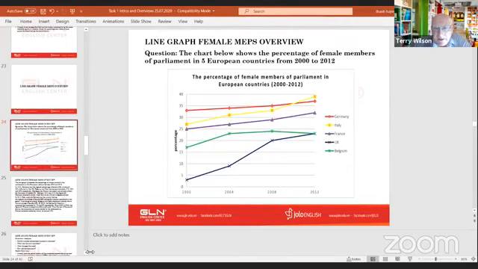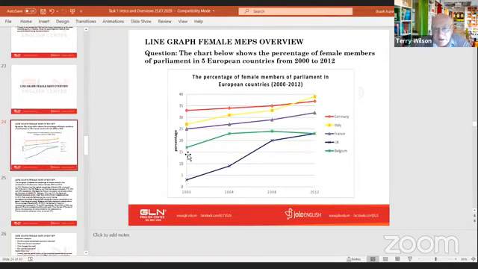But despite the fact that since 2008 there has been a fall in numbers or percentages, overall, over the whole period, the percentages have increased. So in the year 2000, Belgium was, let's say, about 17%.